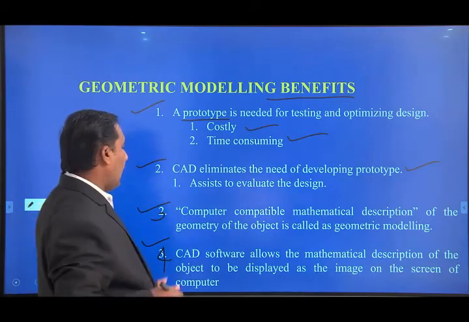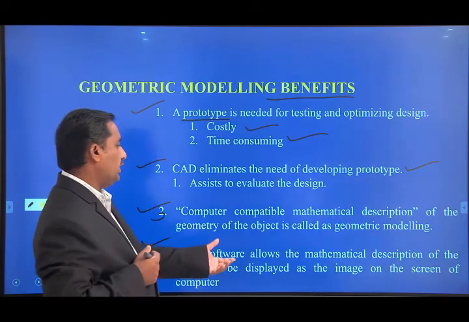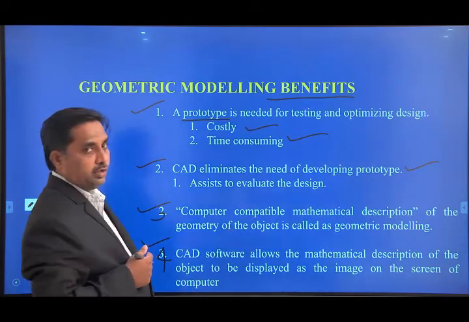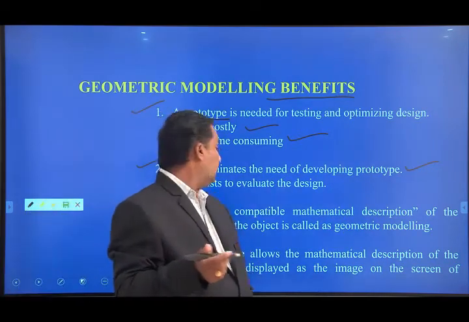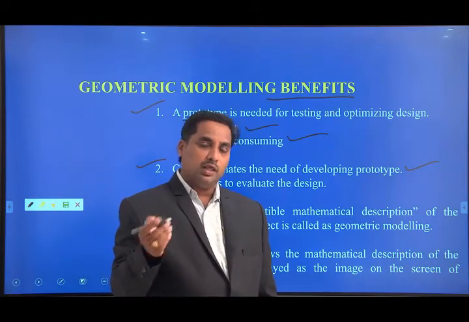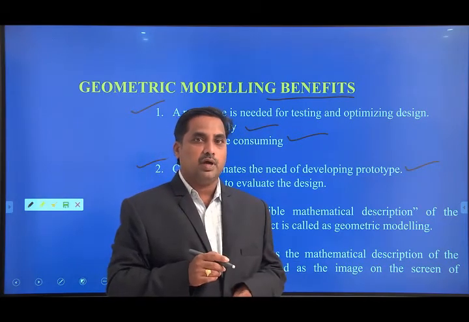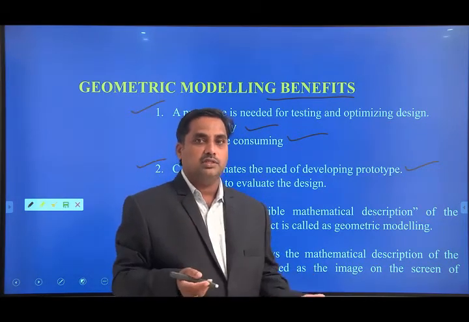In this one, CAD software allows the mathematical description of the object to be displayed as an image on the screen of the computer. That means we can visualize the modeling and analysis of the component on the display terminal, like a CRT tube or any LED or LCD screen.